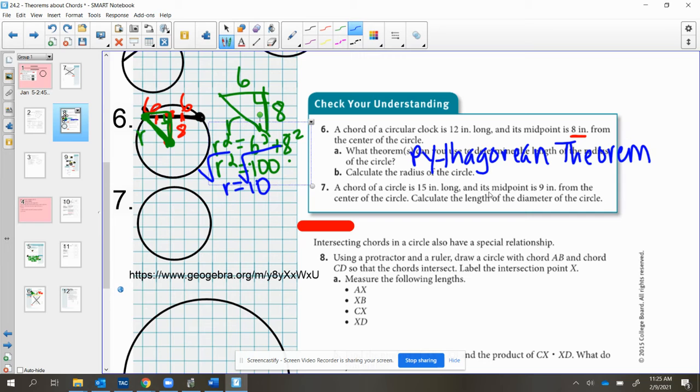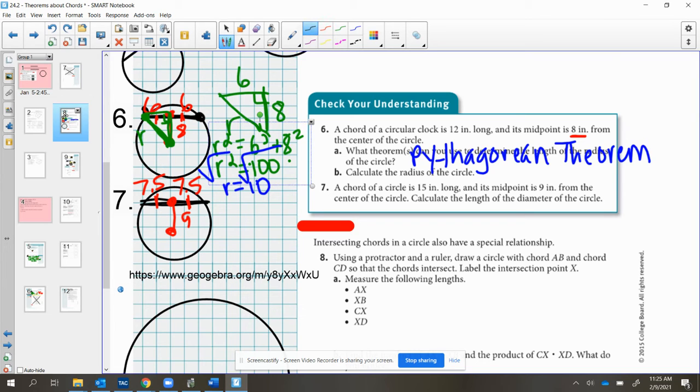Okay. Now, the next example, number 7, is nearly an identical example. We have a chord that's 15 inches long, and we know that that chord's midpoint is 9 inches from the center. So we're going to set it up the same way. This is 9. The whole chord is 15, so half and half would be 7.5.